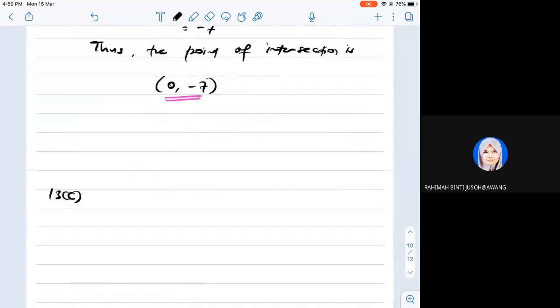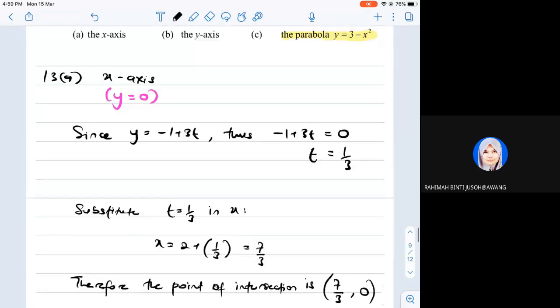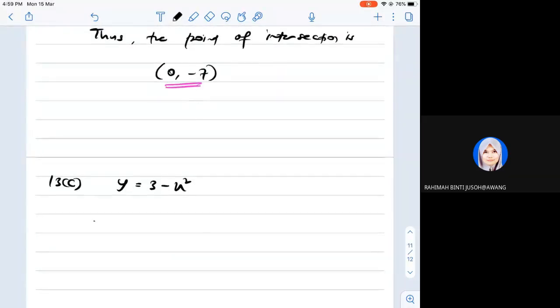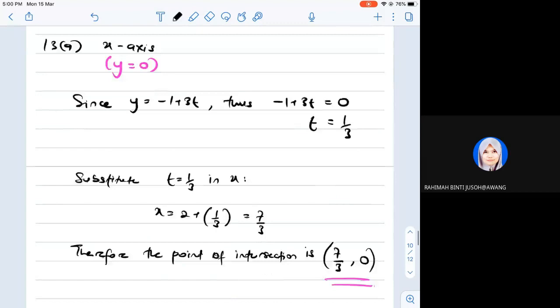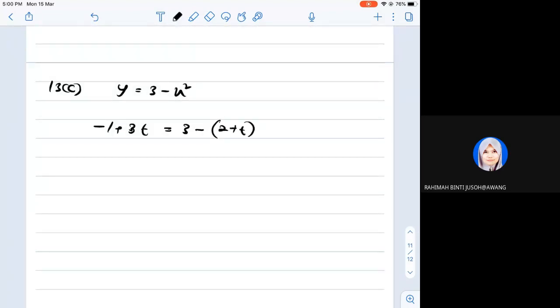So 13C, we have y equals to 3 minus x squared. For y we have the equation negative 1 plus 3T. So negative 1 plus 3T equals 3 minus x squared. What was x? 2 plus T. So expand it.